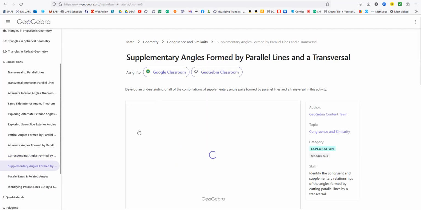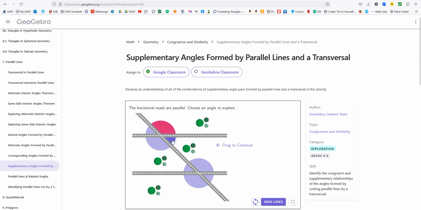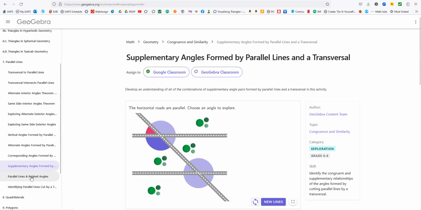Nice little applet there. Here's one with supplementary pairs. These two are supplementary. If you move it, those two are still supplementary. This one here and this one are supplementary. We can go here and see some supplementary pairs there.